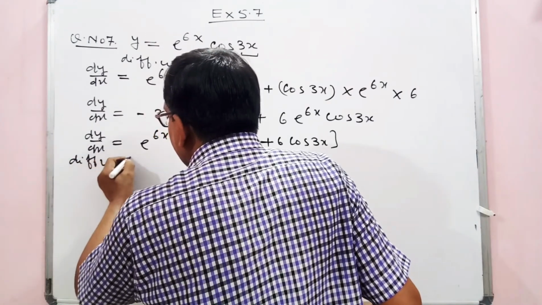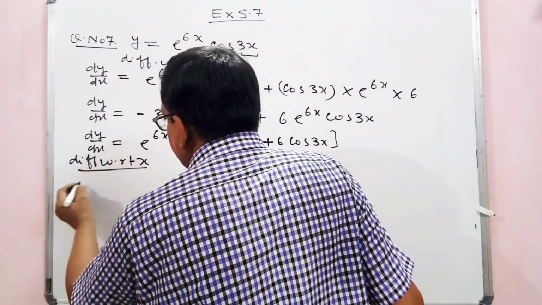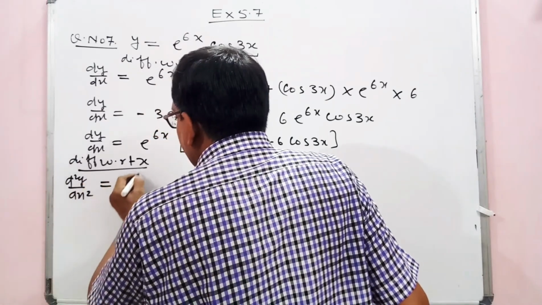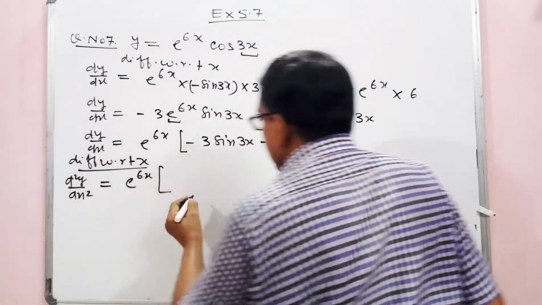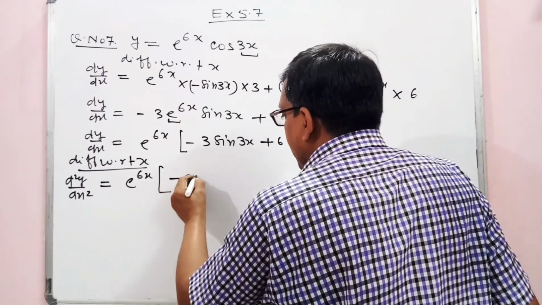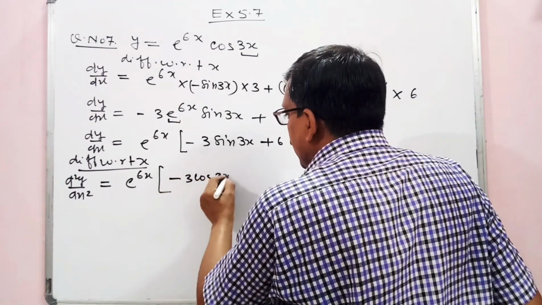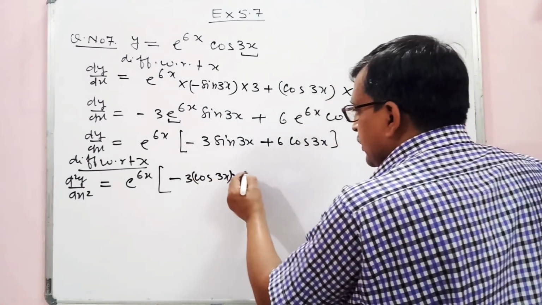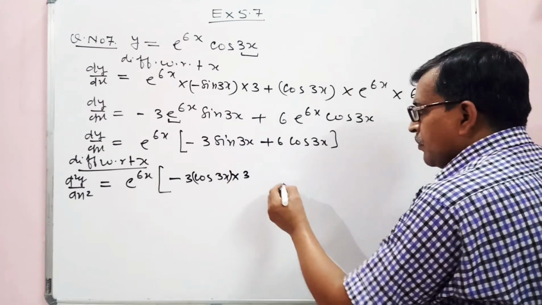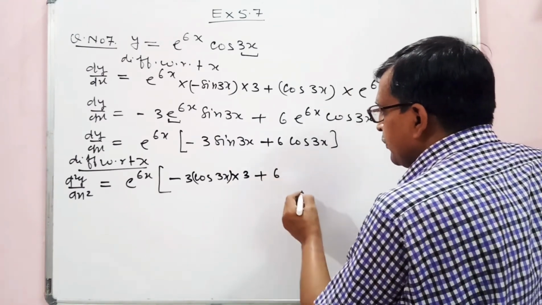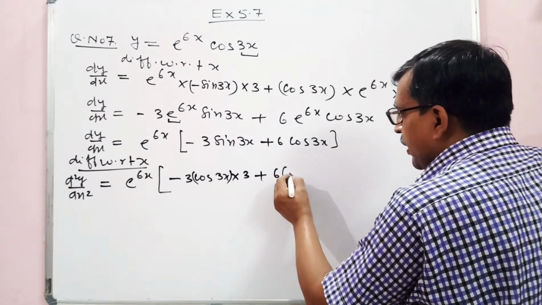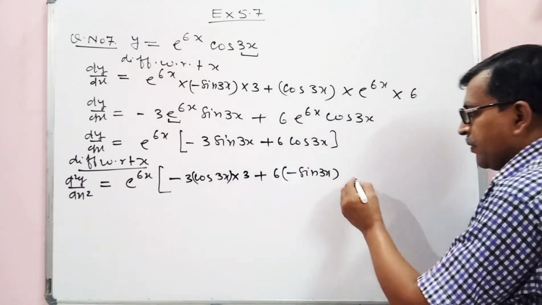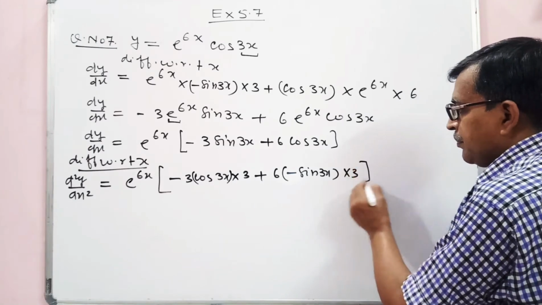Differential with respect to x, again d square y by dx square equals e^6x times (minus 3 sin 3x), we write down cos 3x into 3, plus 6 cos 3x, we write down minus sin 3x, and 3x we write down 3.